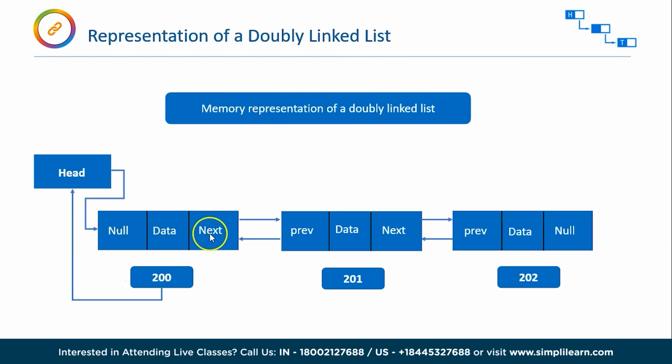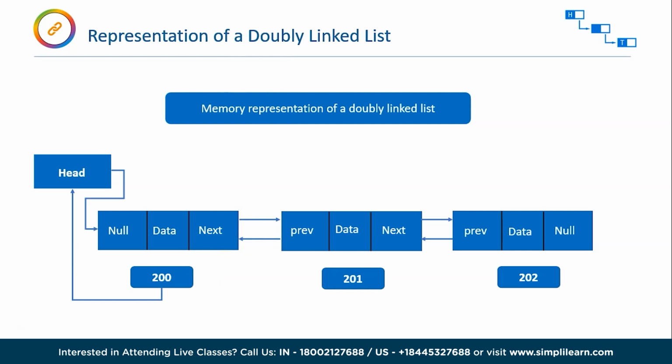The last node's next pointer is pointing to null, which shows no nodes after it. So every node in a doubly linked list connects in a two-way manner, in forward and backward directions, with the others through the pointers called previous and next, which point to the addresses of its previous and next node.